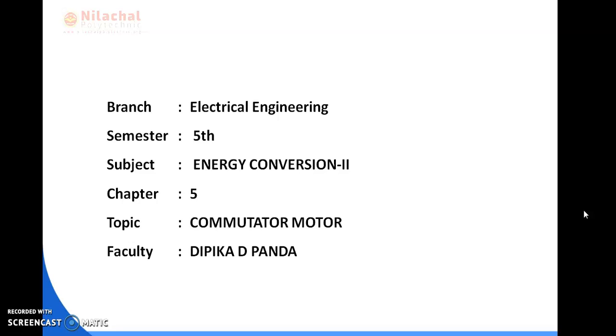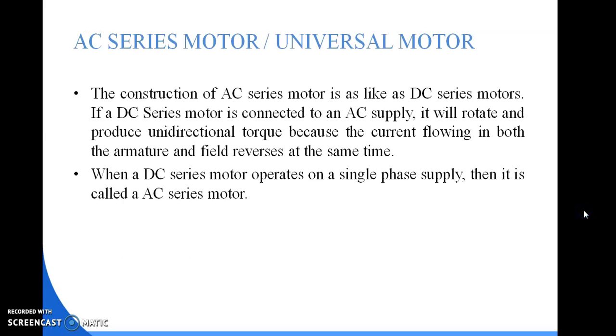Today we will start with chapter 5, that is Commutator Motor. First of all, coming to the AC series motor or universal motor. The construction of an AC series motor is the same as a DC series motor.